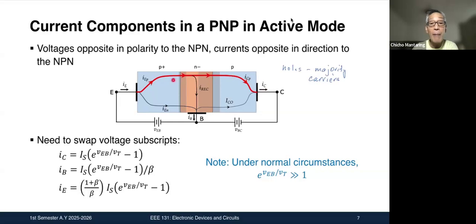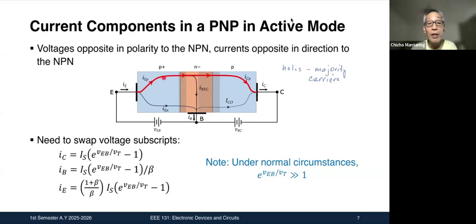Now, the nice thing about a PNP is that the direction of current and the direction of majority carrier flow are the same, unlike in the NPN. That's why in some books, it's the PNP that they study first because it's easier to visualize.